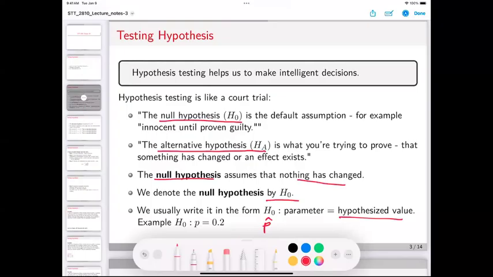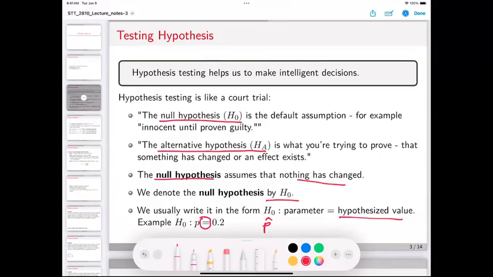And remember, the null hypothesis always assumes that nothing has changed. Is that okay?